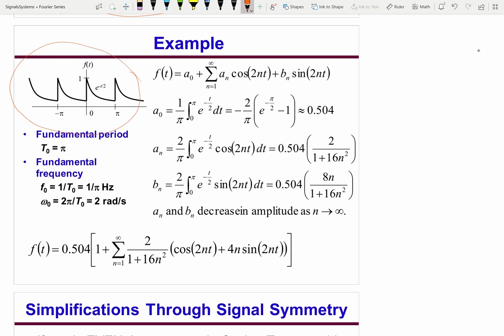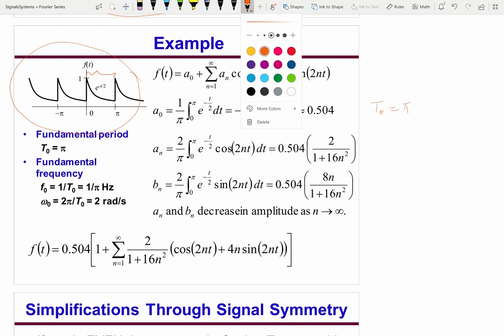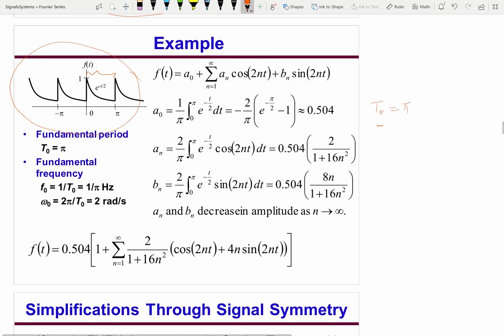The signal repeats itself every pi, so the period T0 is pi, and the fundamental frequency f0 is 1 over T0. That is 1 over pi, in hertz. If I want to find it in radians, it's 2 pi times f0, so that's 2 pi times 1 over pi, which is 2 radians per second.